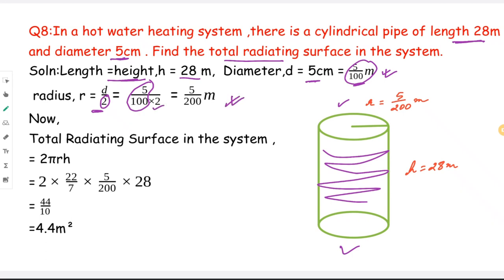Now the total radiating surface, like I said, will be the curved surface area of this pipe. So 2 times pi r h. Pi is 22 by 7, radius is 5 by 200, and then h is 28. Once we put all the values, let's start dividing. 7 1s are 7, 7 4s are 28, 2 1s are 2 into 100, then 5 1s are 5, 5 2s are 10.